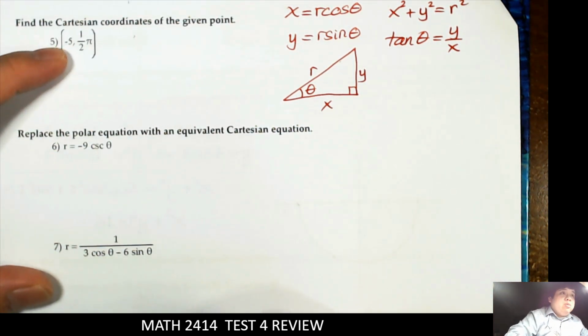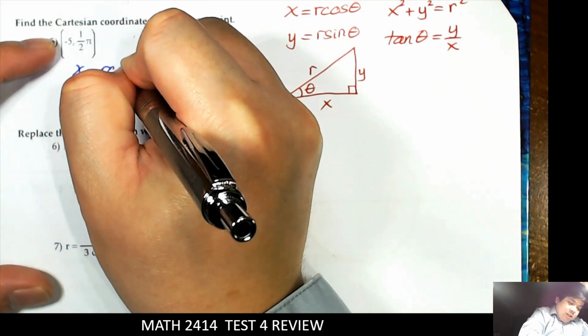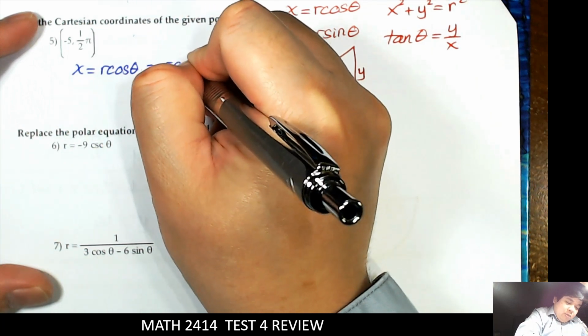Right. So first we have this point. So we just say x equal to r cosine theta, y equal to r sine theta. Sorry, x is cosine. So x is -5 cosine of pi over 2, and y is -5 sine of pi over 2.